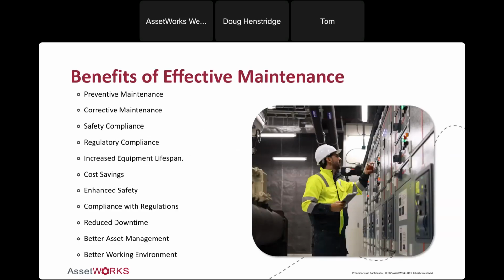Some of the things we want to accomplish by being effective in our maintenance planning and execution is that we keep equipment operating at optimal performance. We can extend lifespan by properly taking care of assets. Think about your car, for example.